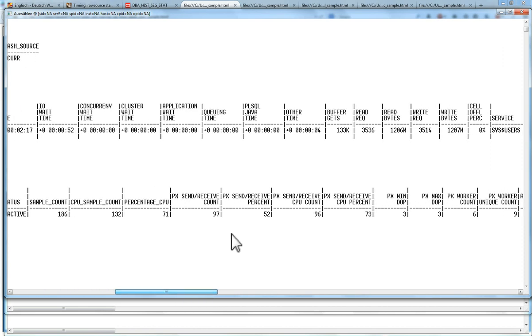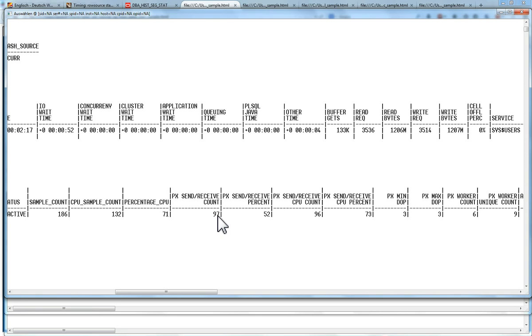Then I have here a number of sections that you won't see from real-time SQL monitoring or from other reports, but I find them very important for getting a good understanding of a parallel execution profile, because it tells you about the number of samples that you have spent in sending and receiving of data.